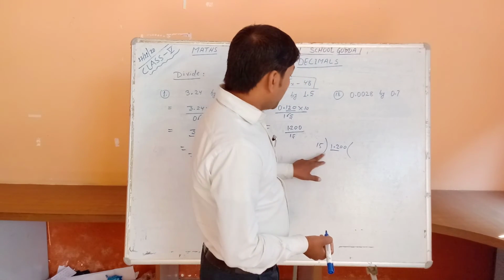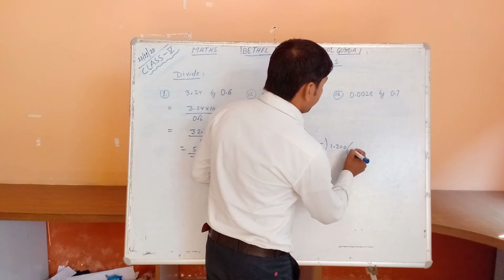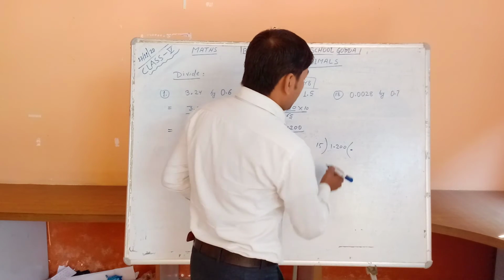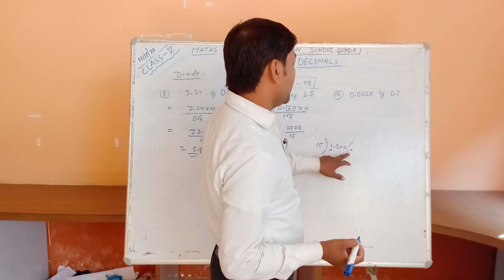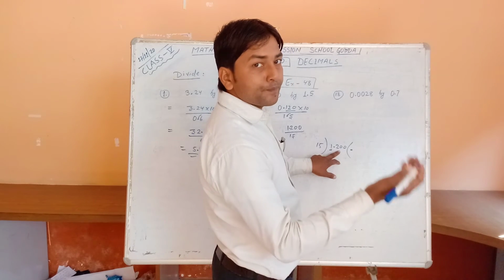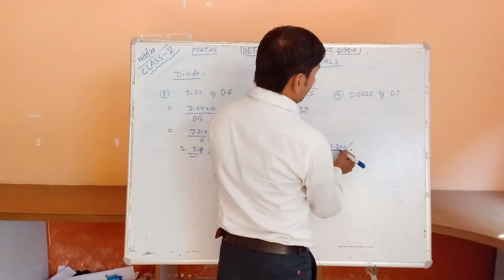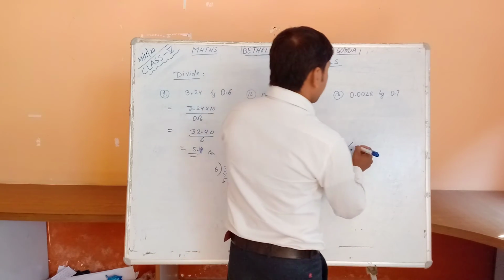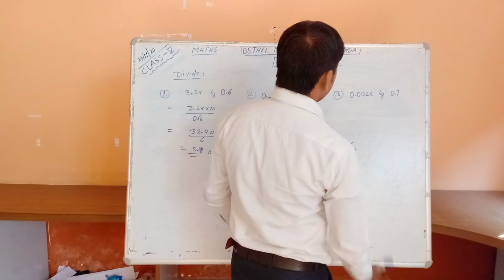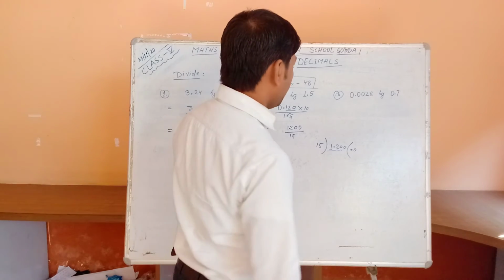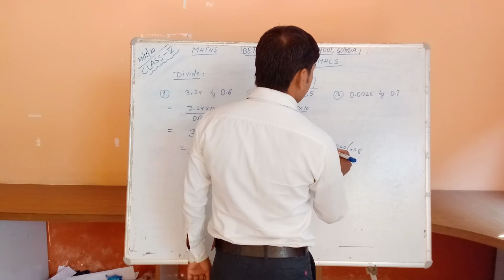Before that we write the decimal point here, because when we take only 1 we can't divide, so move further. 12 also can't be divided, so write the 0, and now take the next 0, it becomes 120. 15 times 8 is 120.